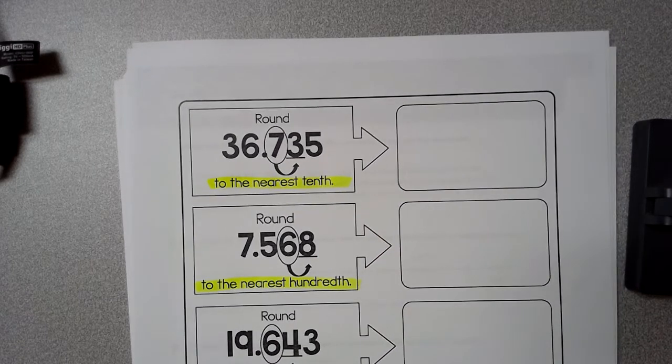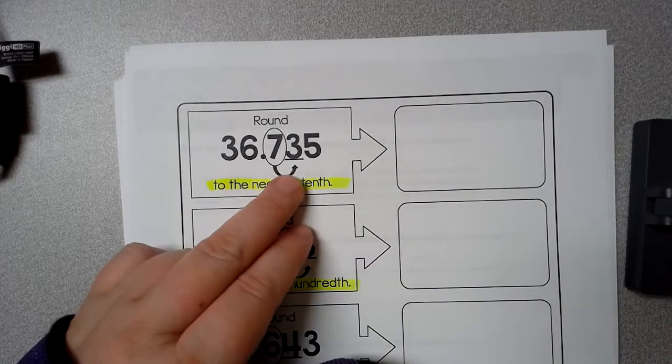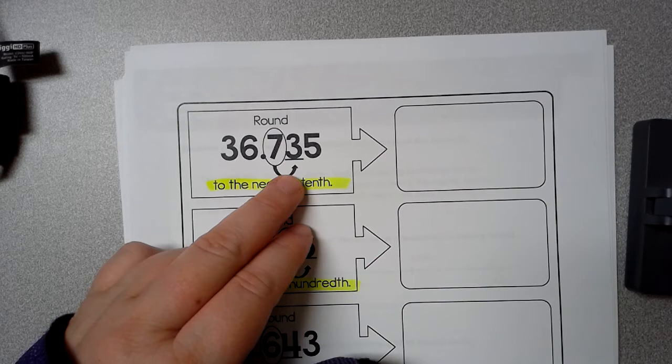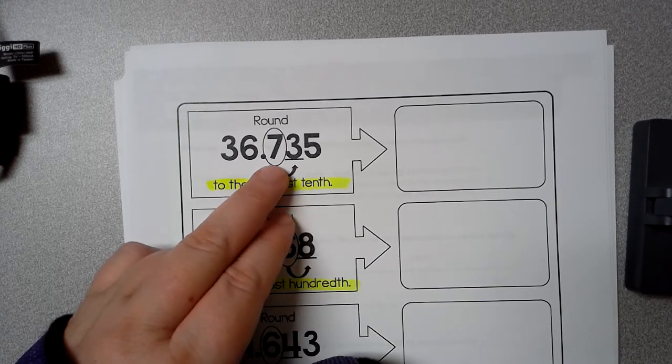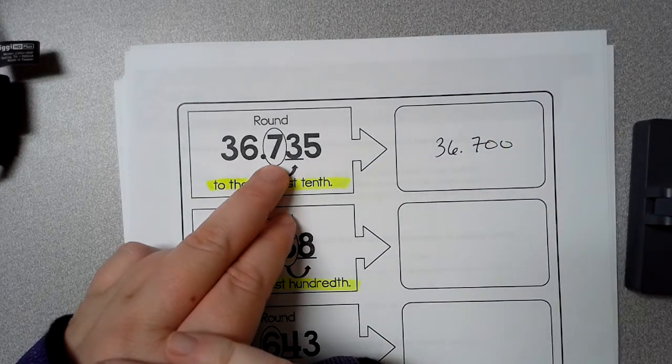Okay, and I'm rounding to the nearest tenth. So I've circled the tenth, the number in the tenths place, which is a 7. I'm looking to its neighbor, which is a 3. 3 is less than halfway, so the 7 stays the same. So 36 and 700 thousandths.